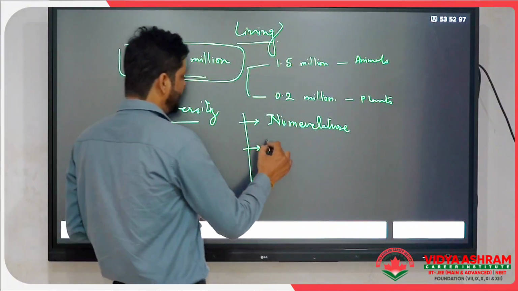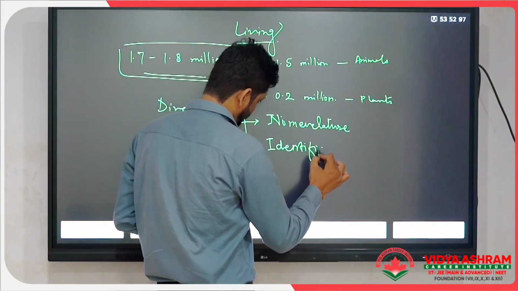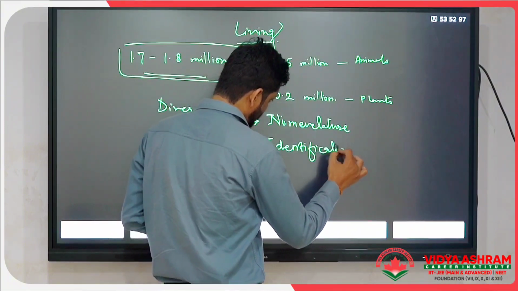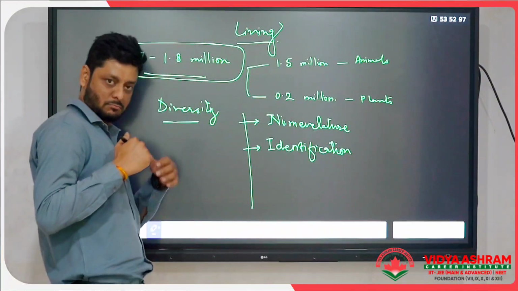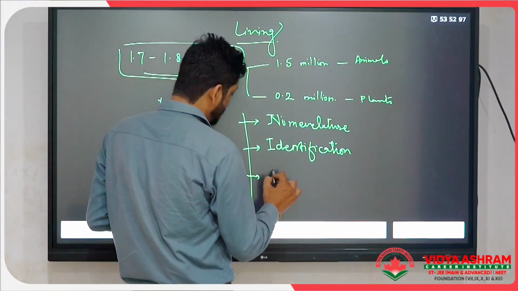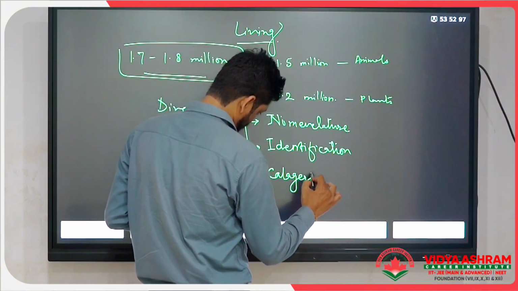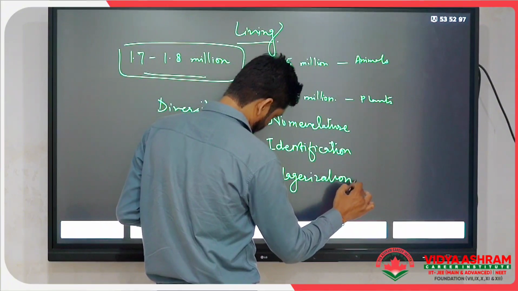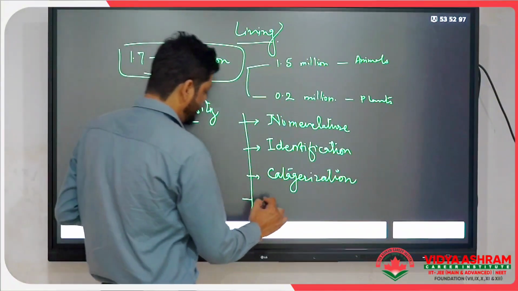Then identification, we have to identify. The third thing the scientist does is categorization. And the last thing is classification.